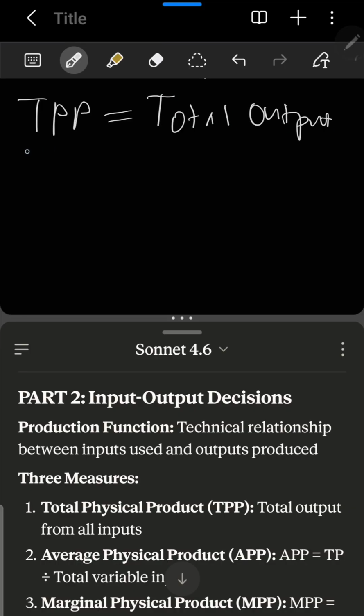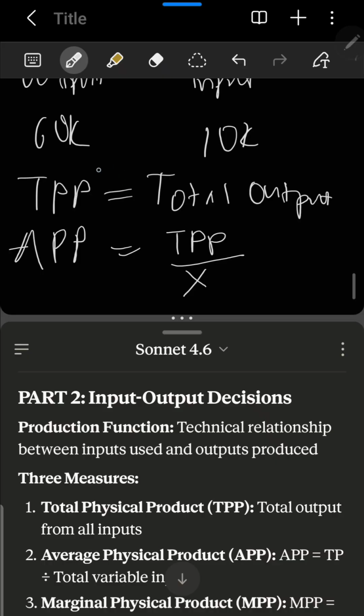Then the next one we look at is the average product or average physical product. When I say average physical product, what am I doing? I'm looking at the relationship between my total product divided by my inputs. So average physical product is the total physical product divided by the quantity of inputs, which is X. Meaning that in our example, if our total product was 60 and inputs was 10, you get 6.